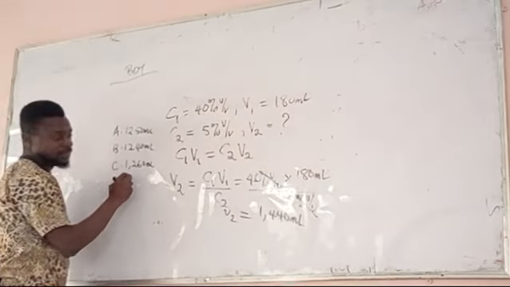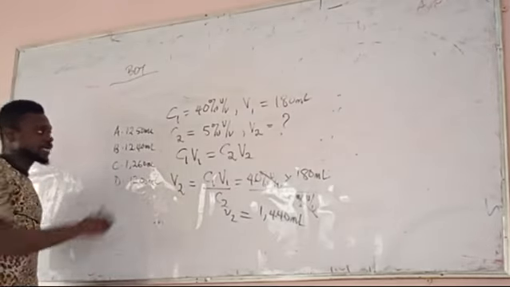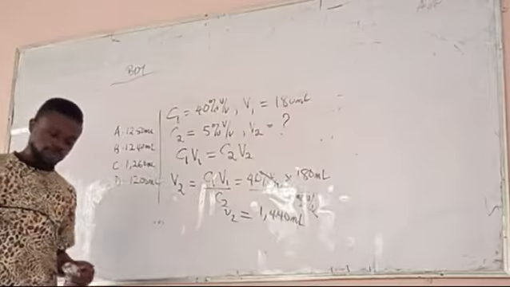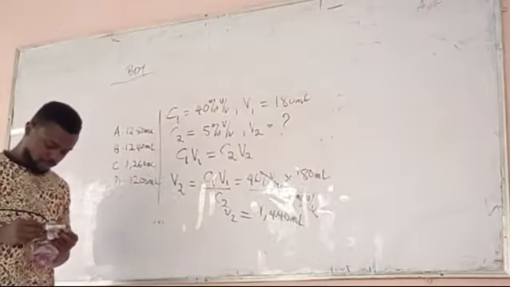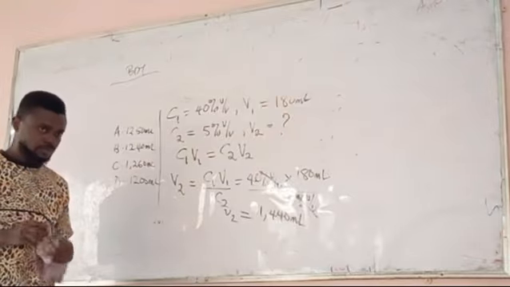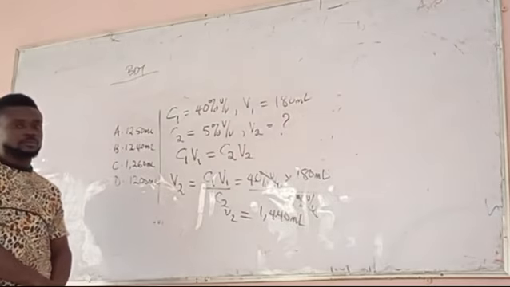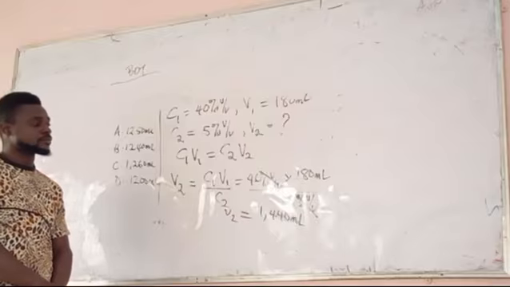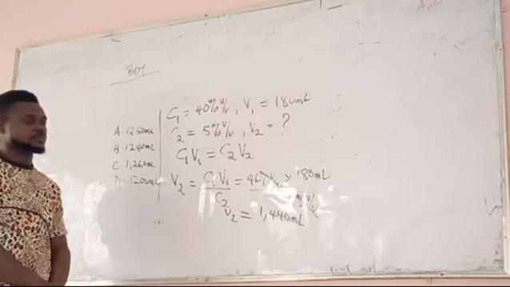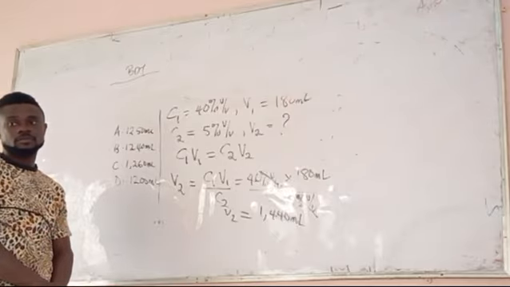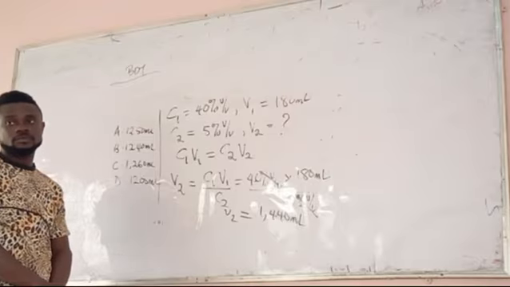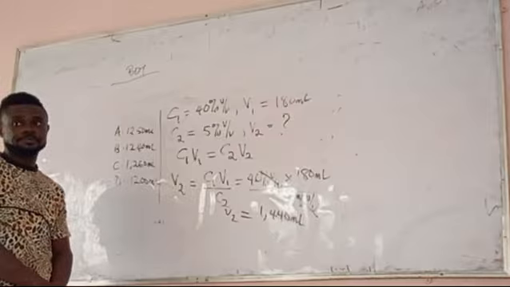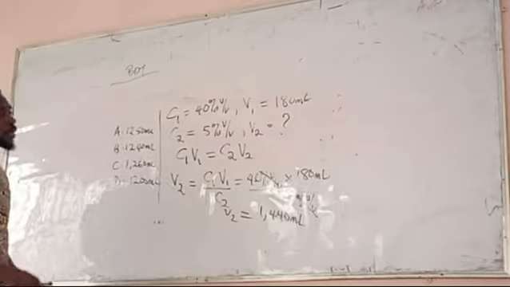D says 1,200 ml. So those are the options. Are you done? Yes. So now I can change.